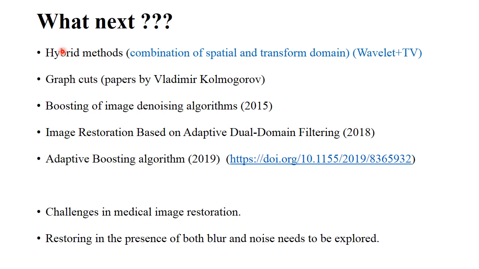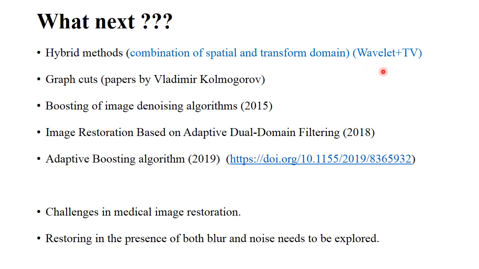A small variation after the decimal point, two digits also, matters a lot for us with respect to the betterness of the result. Then how can we still make it better? So what next? That is hybrid methods. What is a hybrid method? A combination of spatial and transform methods. For example, make use of the total variation method along with the wavelet transform.